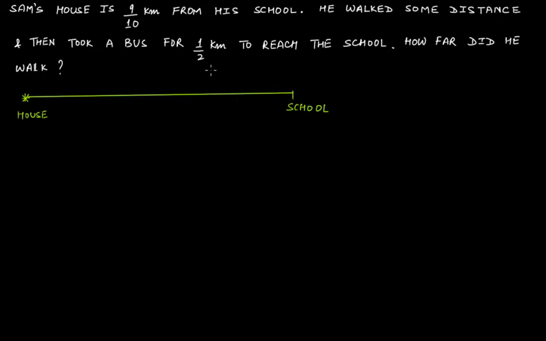And let's say somewhere here is where he took the bus; he walked this distance. So the total distance between the house and the school is 9 over 10 kilometer.